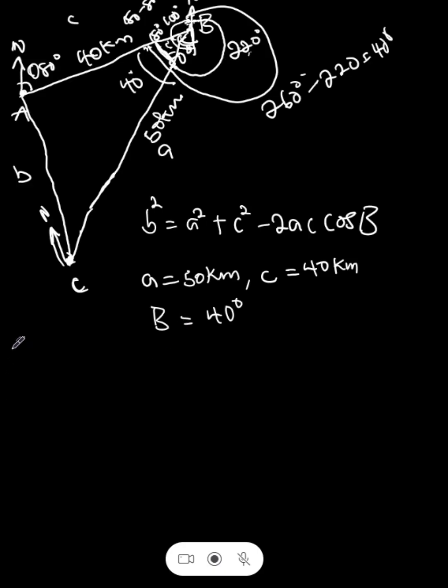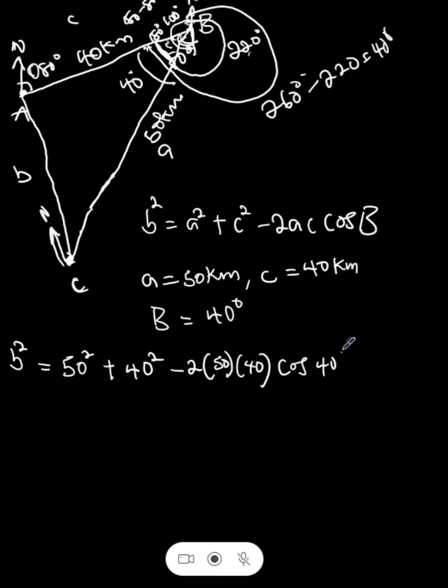So we can find our B squared. B squared is equal to 50 squared plus 40 squared minus 2 times 50 times 40 cos of angle B, which is 40 degrees.